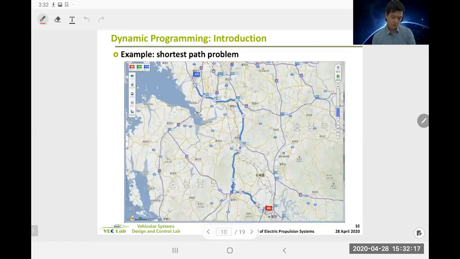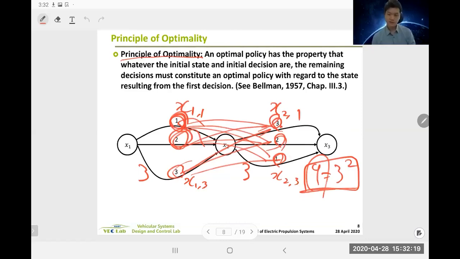So this example was very simple, right? But when the problem gets bigger, DP is still an enumeration technique. So it's a smart, efficient enumeration approach, but it's still an enumeration approach. So it's computationally heavy. It takes a long time to find the global optimal solution.